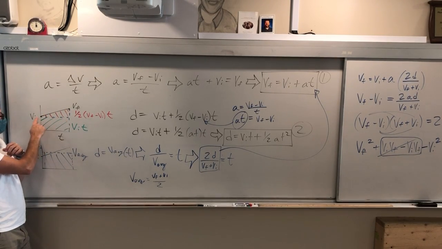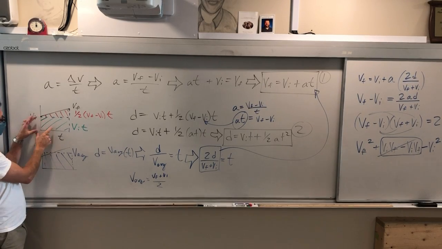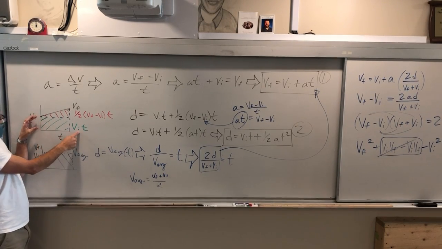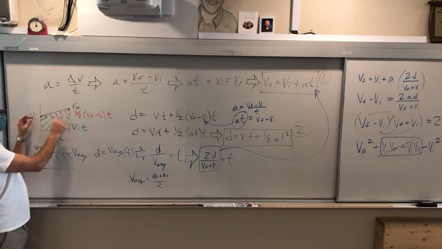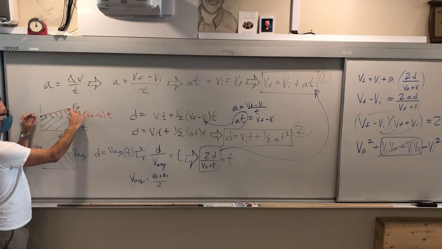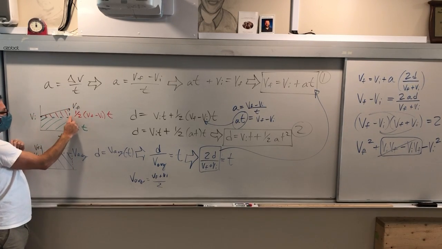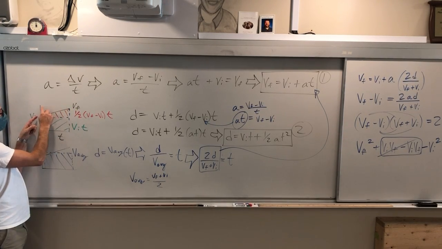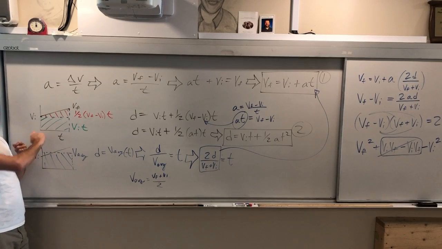So this rectangle is the vi times the time, and that's vi t. And then the triangle on top, this side is vf minus vi, that's this distance, multiplied by the time again. But it's not the whole rectangle, so we have to cut it in half because it's a triangle.